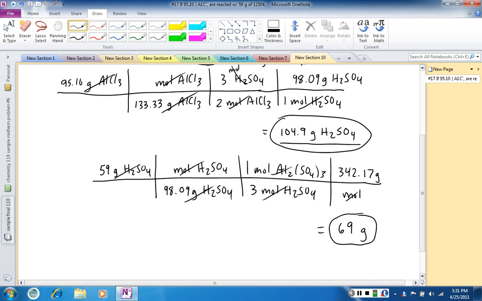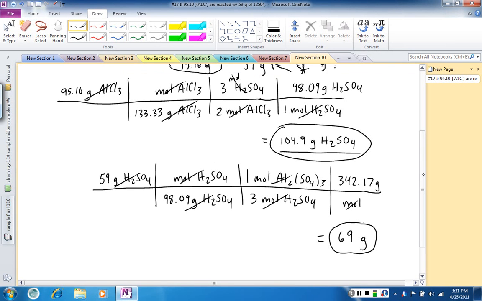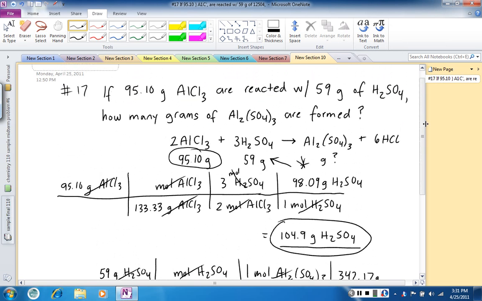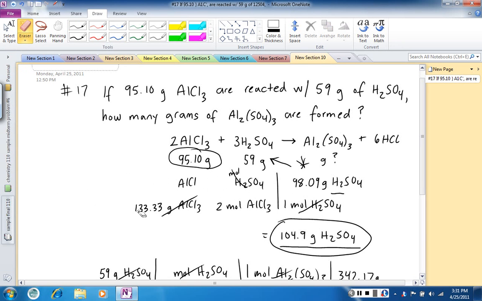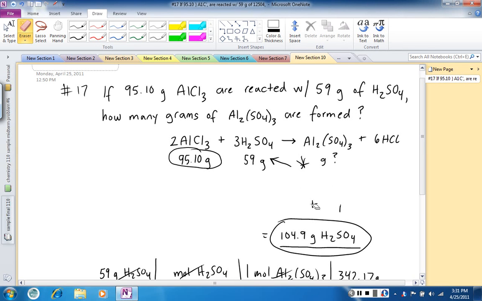The product method is different, and I'll go through that as well. Let me do some massive erasing first, and we'll start over. Now some of you guys prefer to use the reactant method.